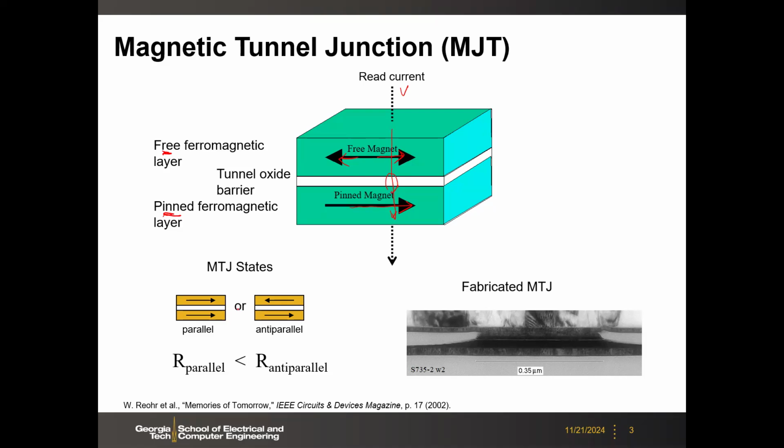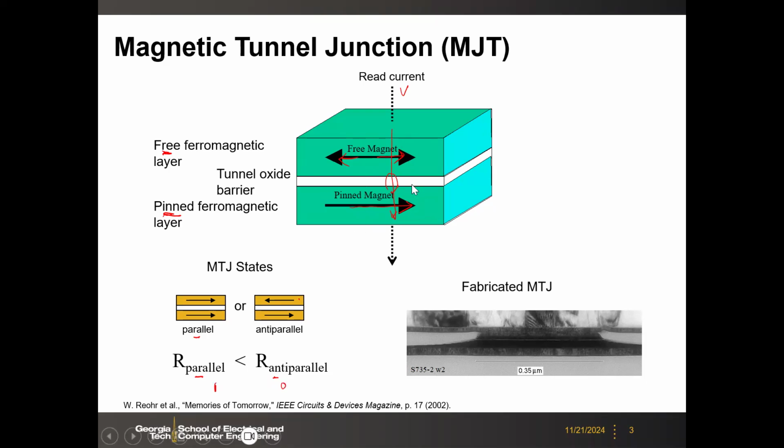If the two magnets have the same direction, the resistance in the parallel state will be lower than when those two magnets have an anti-parallel configuration. So we depend on the resistance across this stack to read out the memory state. For example, if this is your 1, this is your 0.